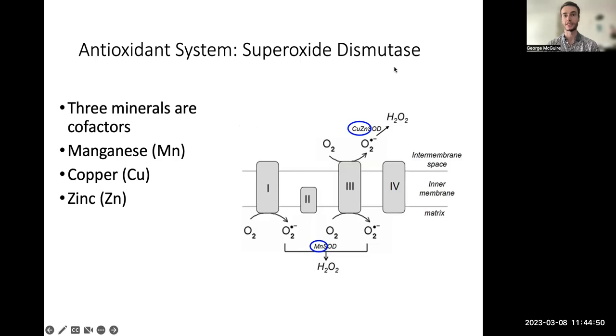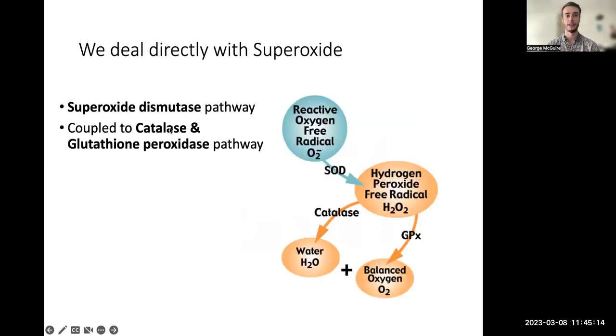Superoxide dismutase is the system that can act as an antioxidant for it as well, so not needing the vitamin. And this is going to involve manganese, copper, and zinc. Right? You see all of them in these various processes. And it's going to turn superoxide into peroxide, which is still a free radical, just a less dangerous free radical, and can be used in other metabolic pathways.